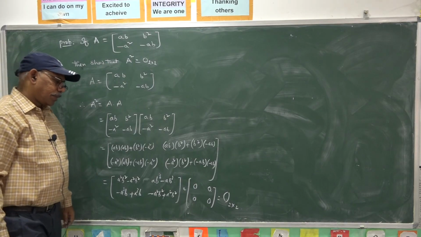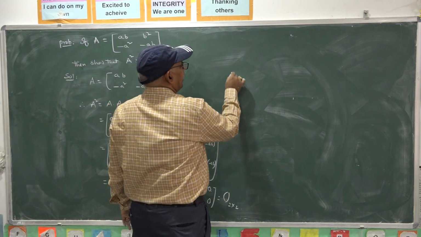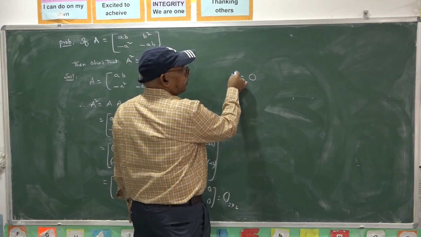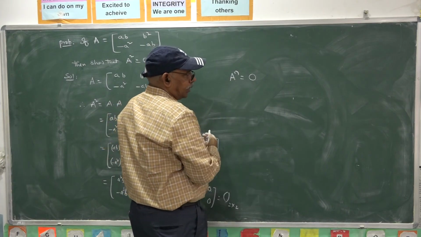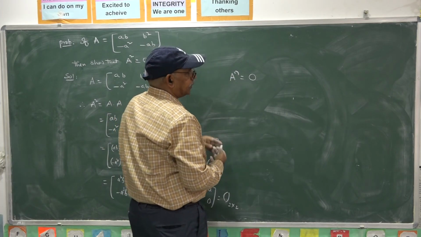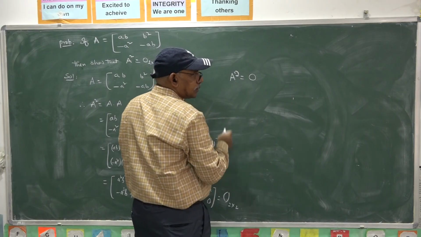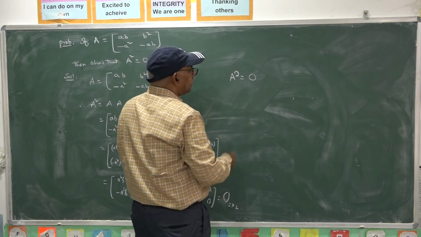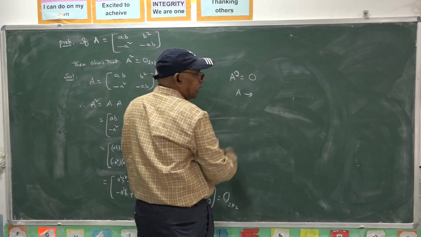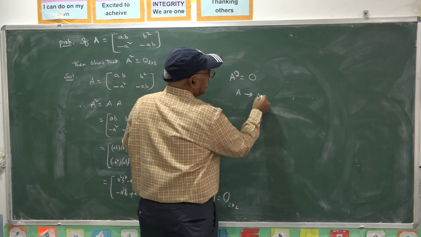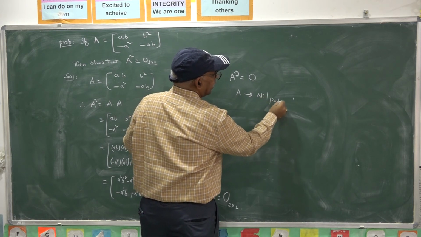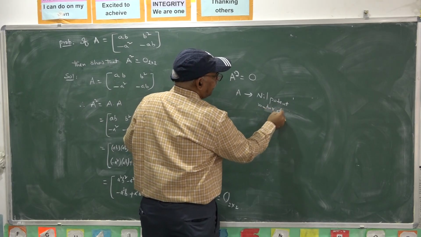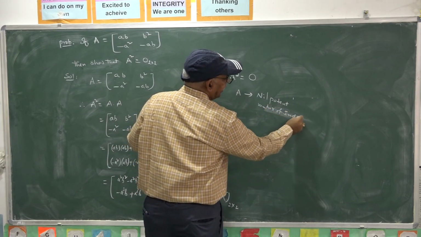Once the positive integral power of A is a null matrix, and there exists such a least positive integer n, then you can say that A is a nilpotent matrix of index n.